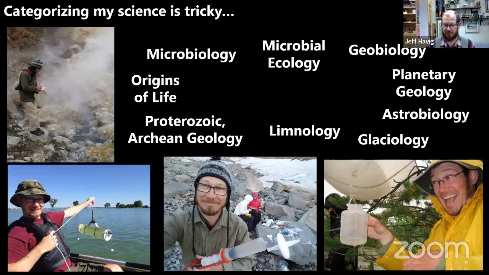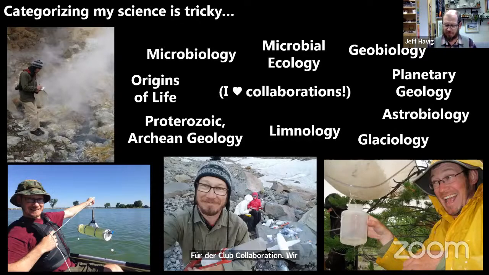And so what this ends up meaning is that I love collaboration. So my background is chemistry, moving into earth science and geochemistry. I work with a lot of different people so that I can bring my expertise towards them, and then they can bring their expertise to me, and then through that collaboration, we can do fun and exciting science.